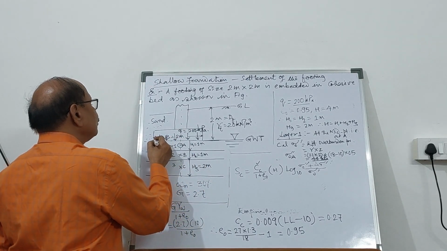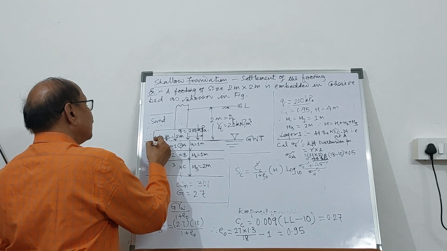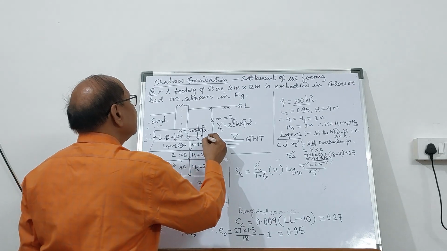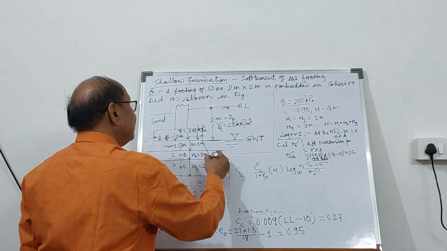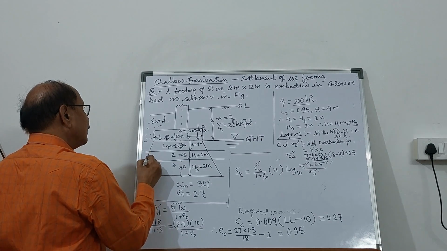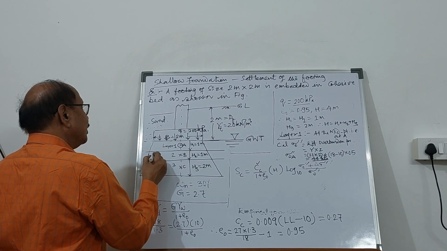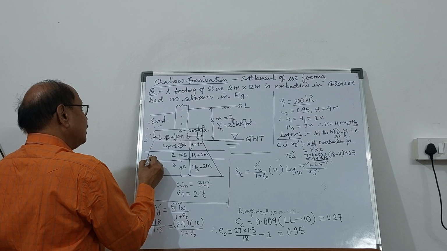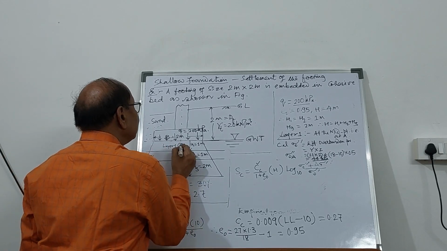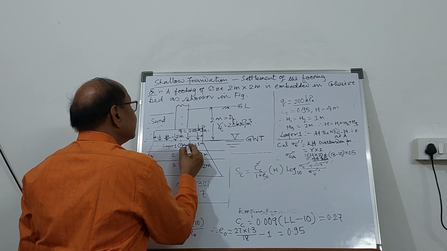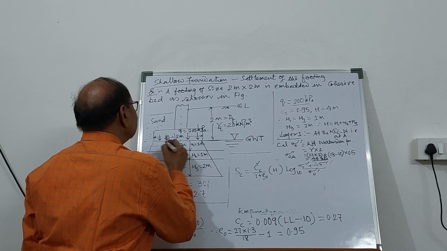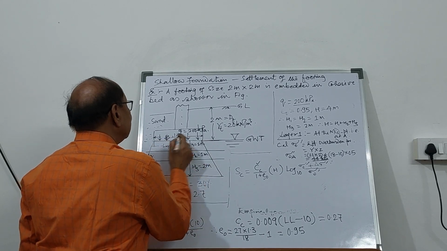Now the load is going to spread at 2 vertical and 1 horizontal. So if you go to the midpoint, what is the change in size? This is 2 meter, B equal to 2 meter.